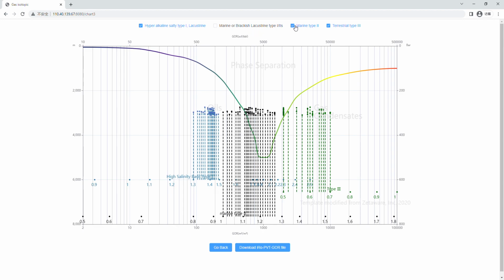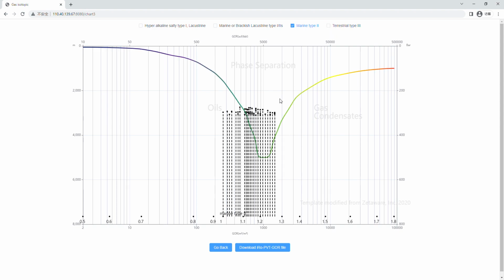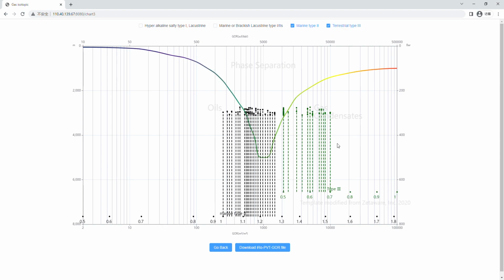Here we have the next tab, which lets you model the GOR and project it under the depths of the formation and see if it's prone to PVT fractionation. We know it can't be type 3, because if it's type 3, a lot of the gas is in the white or dry gas region already.